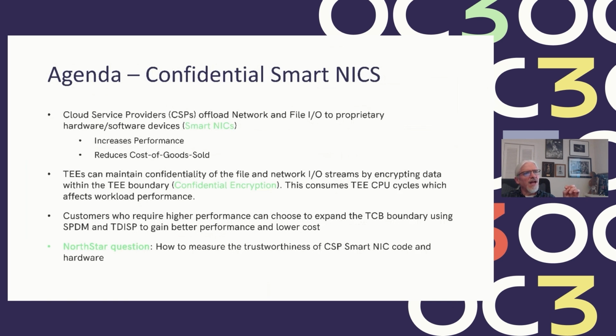TEEs maintain confidentiality of the file and network I/O stream by encrypting data within the TEE boundary, but offloading that encryption to these SmartNICs can gain much higher performance while obviously increasing the boundary of the TCB. We can measure this increased TCB using SPDM and TDISP, but that still raises an important question: how do we measure the trustworthiness of the CSP's SmartNIC code and hardware so that we can trust them with our confidential data?